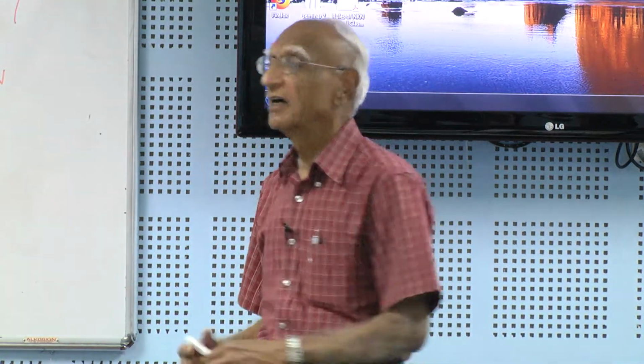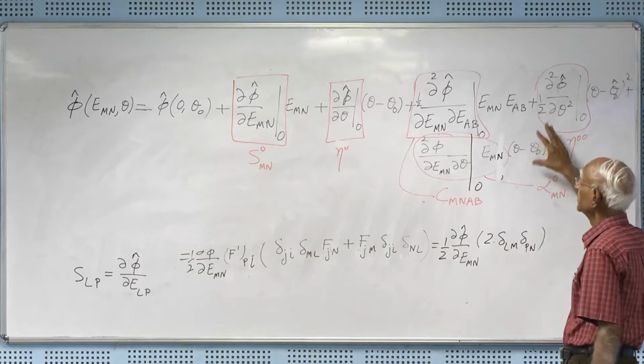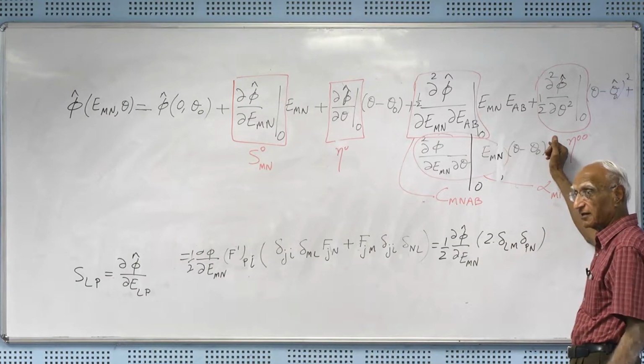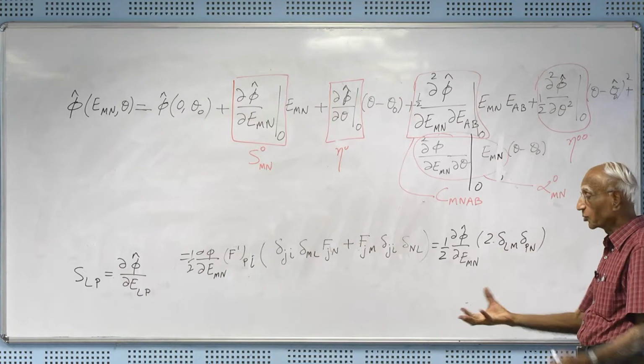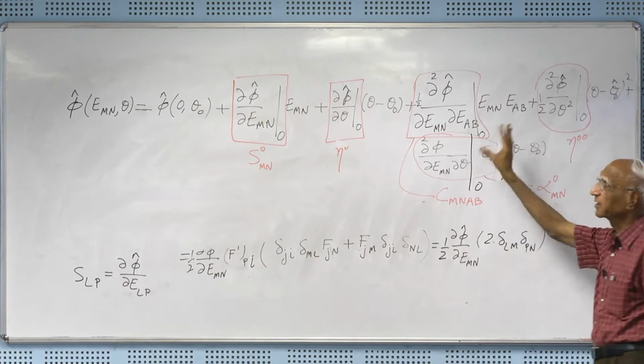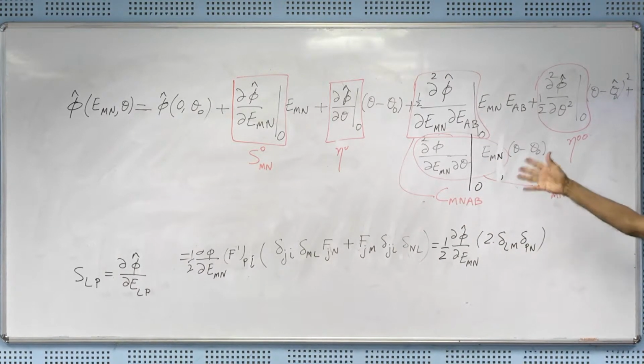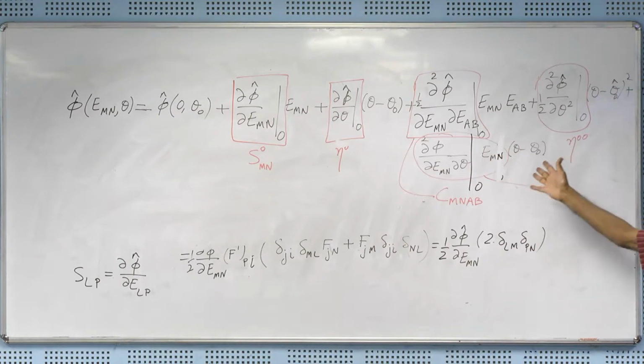So what is happening is I'm saying this is one class of materials. Like I told you, this is a bucket. I took that cup, and in that cup I only consider materials for which phi is given by this.